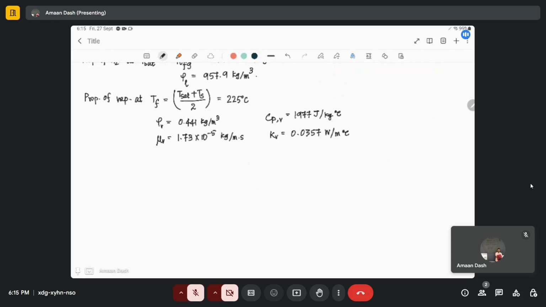So you can use this correlation. q dot film is equal to C film times g k_v^3 rho_v (rho_l minus rho_v) times h_fg plus 0.4 c_pv times (Ts minus Tsat).